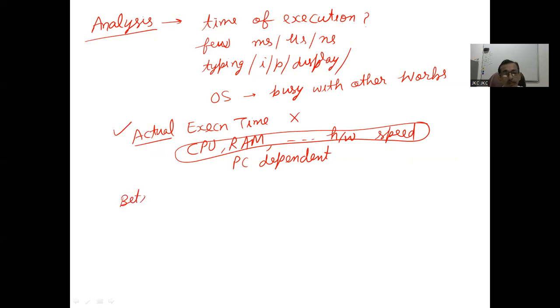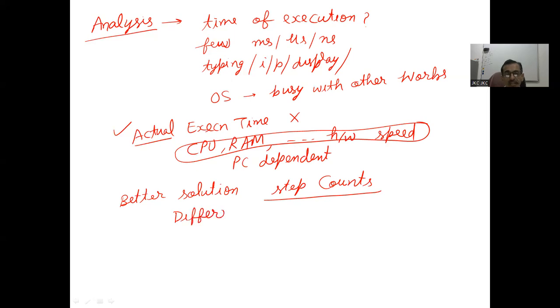We think of a better solution for analysis: let's try to count the step count, the number of statements and how many times those statements will execute. If various different statements are there, can I find the summation of the execution steps or execution counts of these different statements?